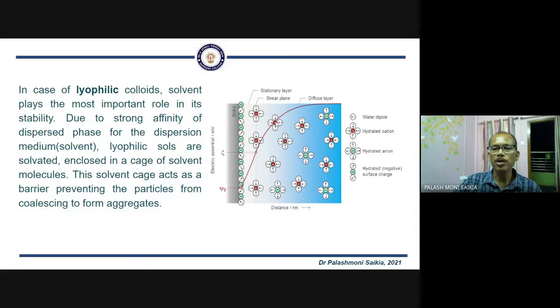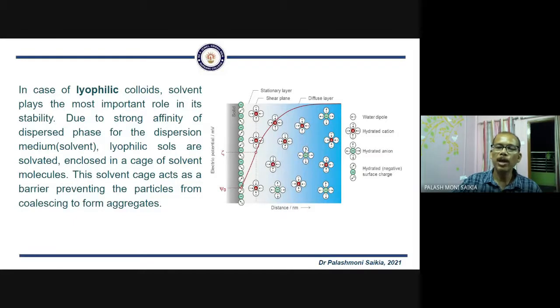Suppose they are positively charged, the negative end of the water dipole, that is the oxygen end, will be attracted toward its surface. So they will be encased by water molecules, solvated by water molecules. Even if they are negatively charged, they will be solvated.